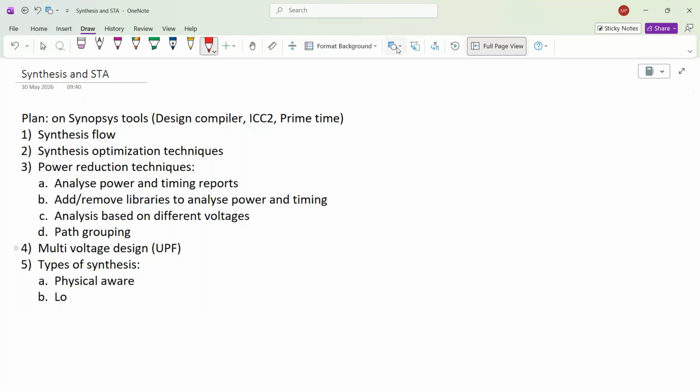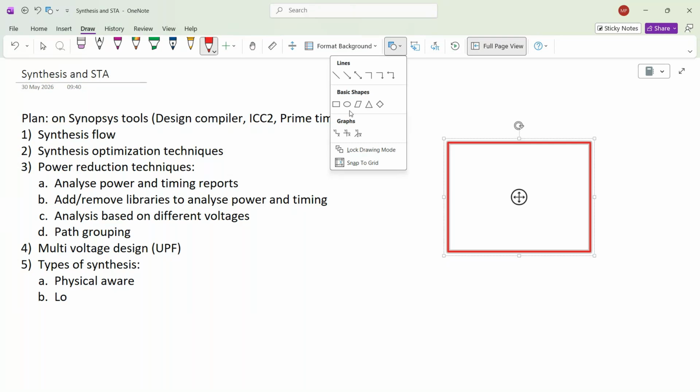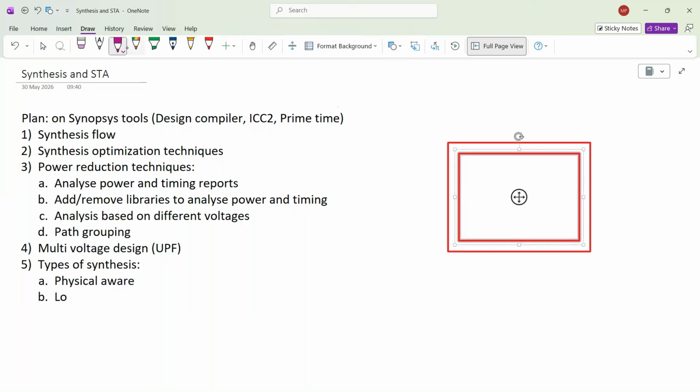So, for example, this is your block. We define ports, we define nets, and for example this is the VDD port, so this will be the VDD net, and like that. How do we connect these two?